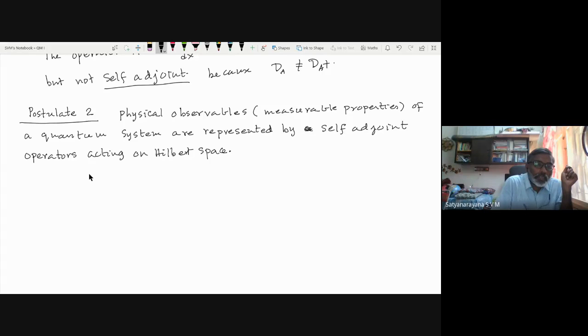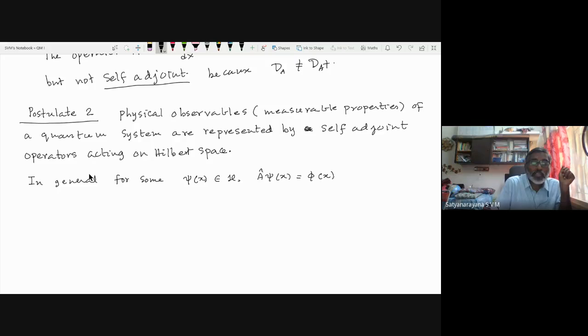Even in general, for some psi of x in the Hilbert space H, an operator A acting on psi of x is equal to phi of x.